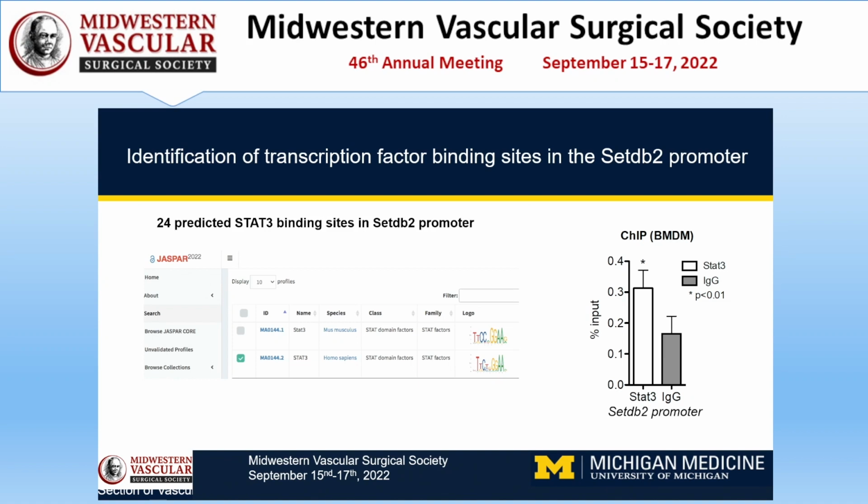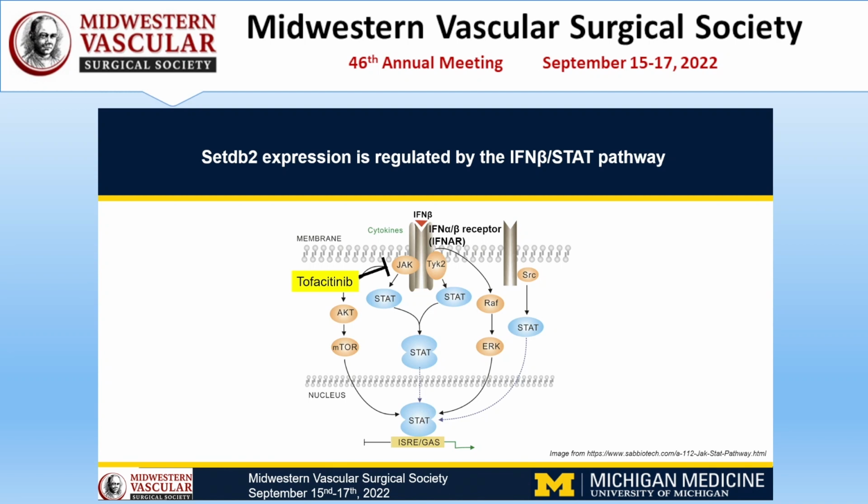We were really excited by this because, as my colleague Dr. Adu mentioned, the STAT3 transcription factor is heavily implicated in regulating downstream inflammatory gene expression. However, to validate this in silico analysis, we used chromatin immunoprecipitation at the SETDB2 promoter to show that there was enrichment for STAT3 compared to IgG negative control.